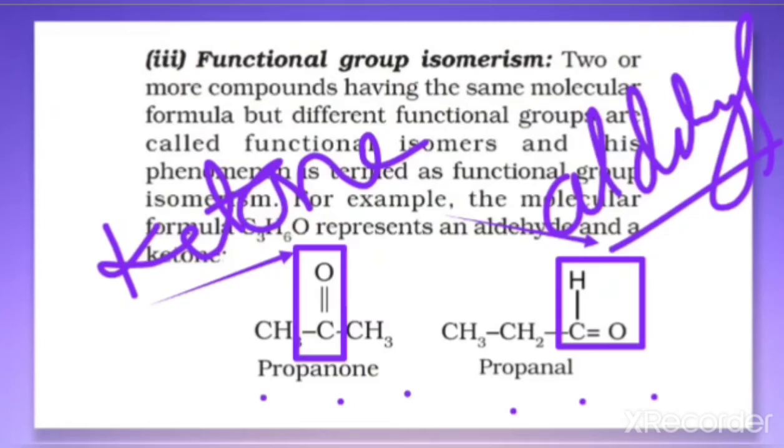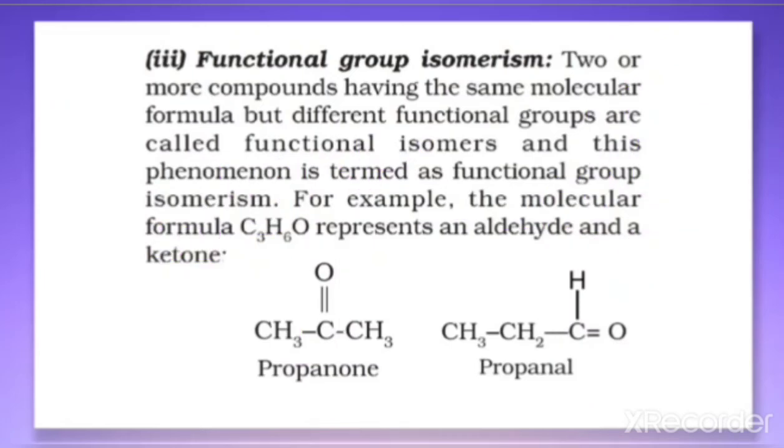Therefore these two are called isomers. And why are these called functional group isomers? Because there is a difference in the functional group that is highlighted here. So such compounds are called functional group isomers, and this phenomenon is called functional group isomerism.